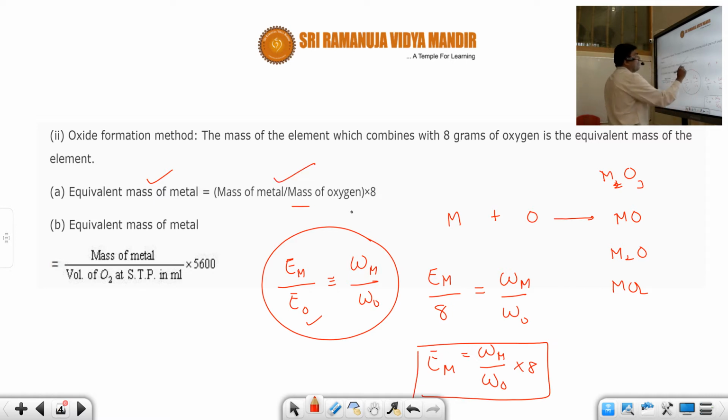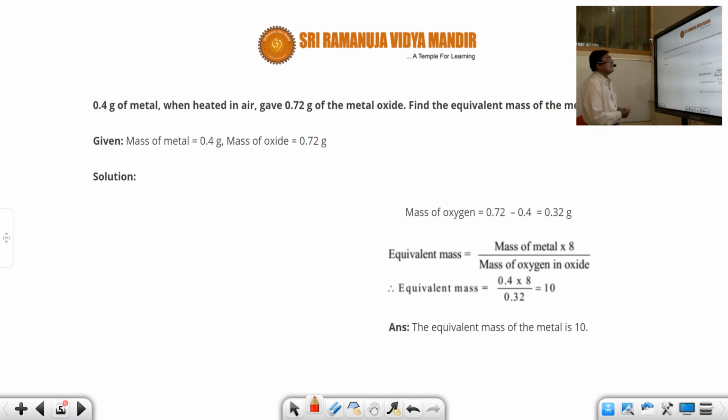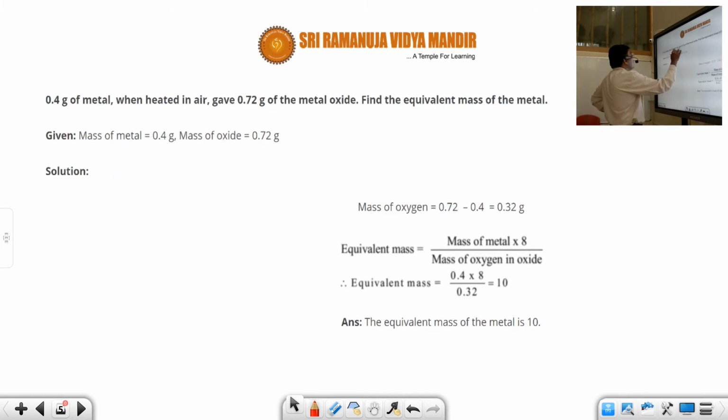Similarly, if you want to express it in volume, it is the mass of the metal divided by the volume of O2 at STP in ml, into 5600 ml.